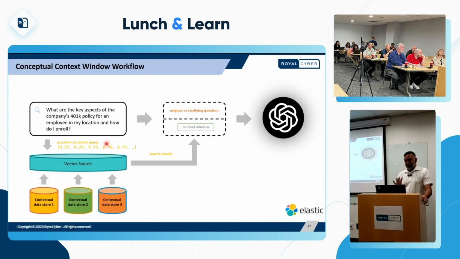Just as a conceptual view again, if a customer asks, what are the key aspects of the company's 401k policy for an employee in my location, and how do I sign up for it? Without ChatGPT, he cannot do this, because right now we only support keyword search.